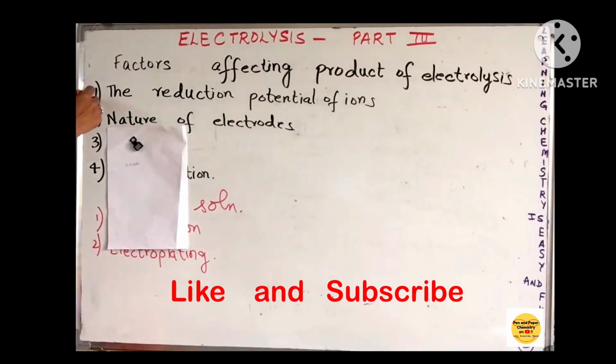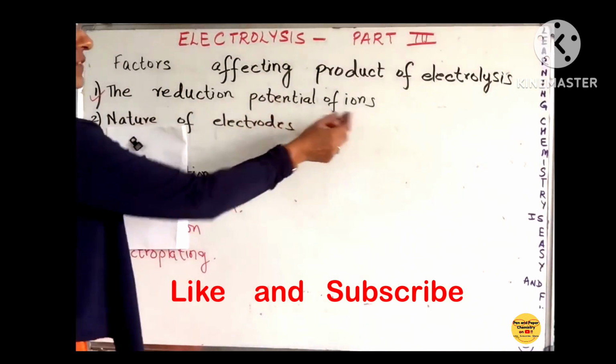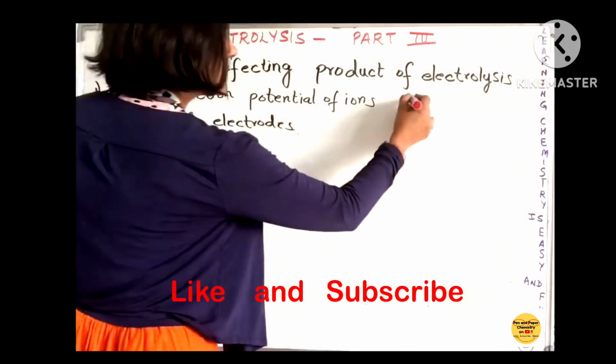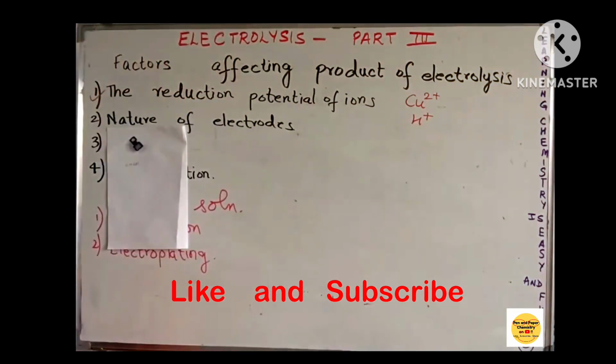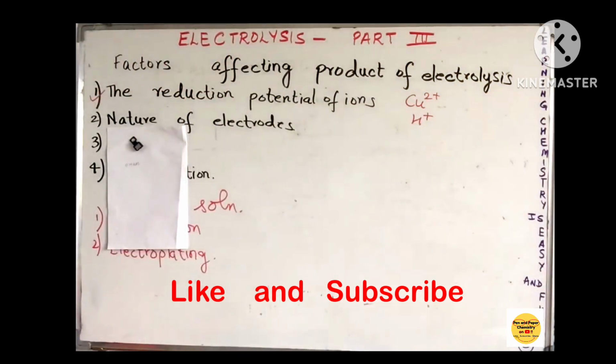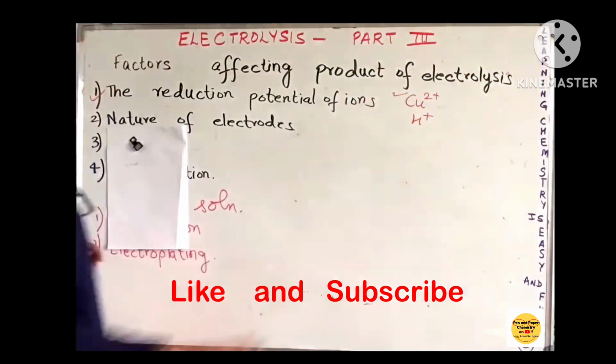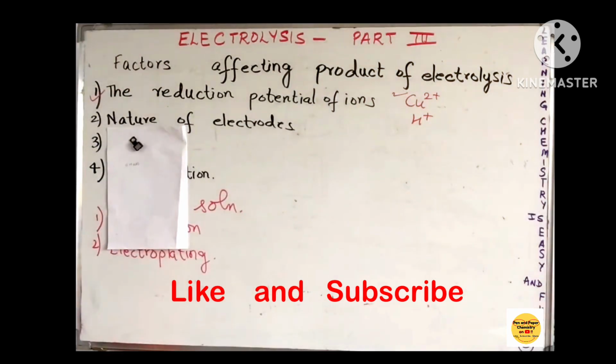The first and foremost that we've seen in the two electrolysis that we did just now in part 3, because it's immediate recall, is the reduction potential of the ions. When you had a choice between copper and hydrogen, which one of these was getting discharged? Yes, it was copper. So it was the reduction potential of the ions which decides which one is going to get discharged.